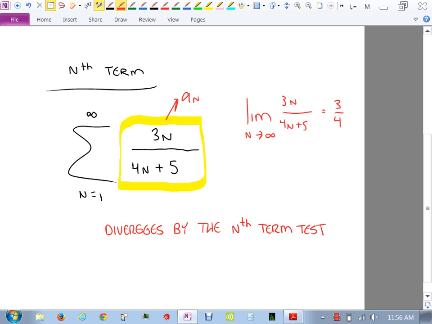All right, so if we take the limit and it goes to something other than 0, it diverges. How about this one? What if you had the sum from n equals 1 to infinity of n over n squared plus 1? So we look at that. It's not geometric.